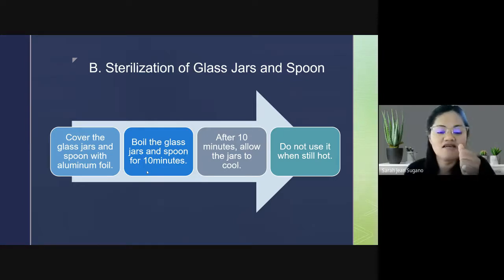So there's still sterilization that will happen. Okay. After 10 minutes, allow the glass jars to cool. And please do not use it when it's still hot. Okay. So observe regularly in your class na dili mo mapasok.